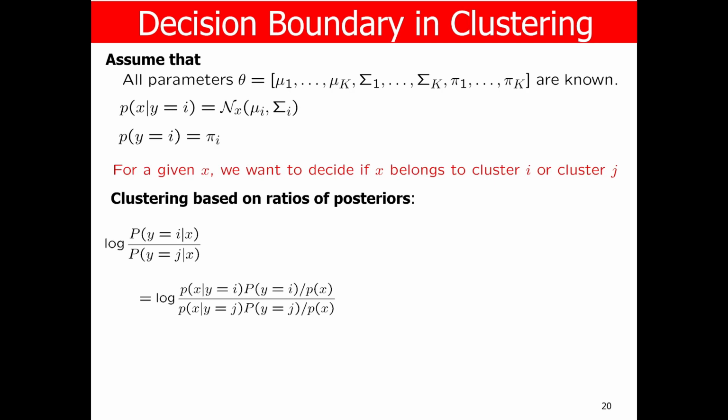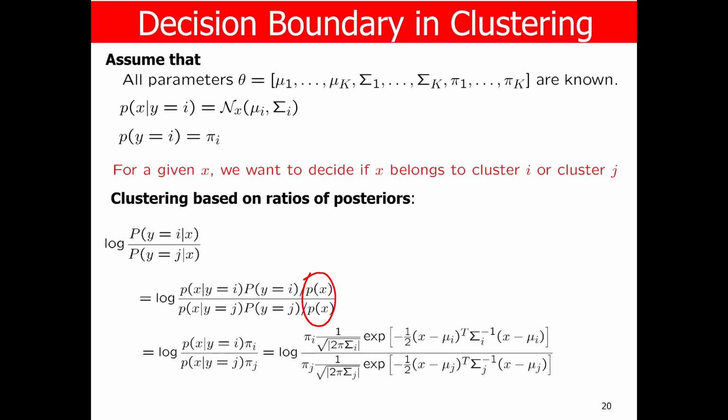Using the Bayes rule, we can rewrite both the numerator and the denominator of this fraction. As you can see, the p(x) terms cancel out. The probability that y equals i is just pi i by definition. Similarly, the probability that y equals j is just pi j by definition. And the conditional probabilities of x given y are just Gaussian distributions.